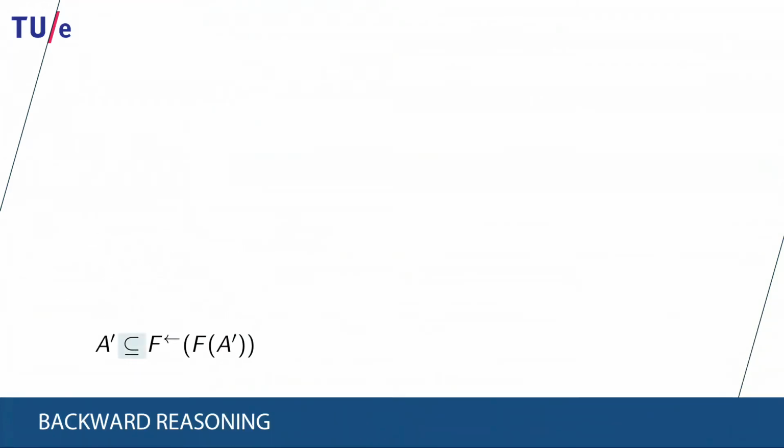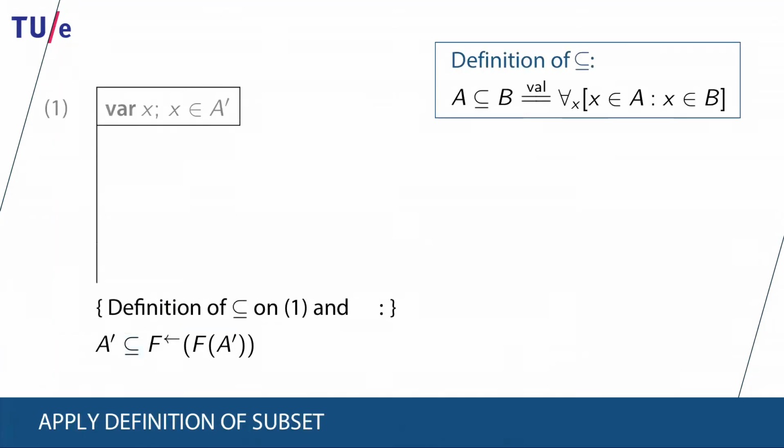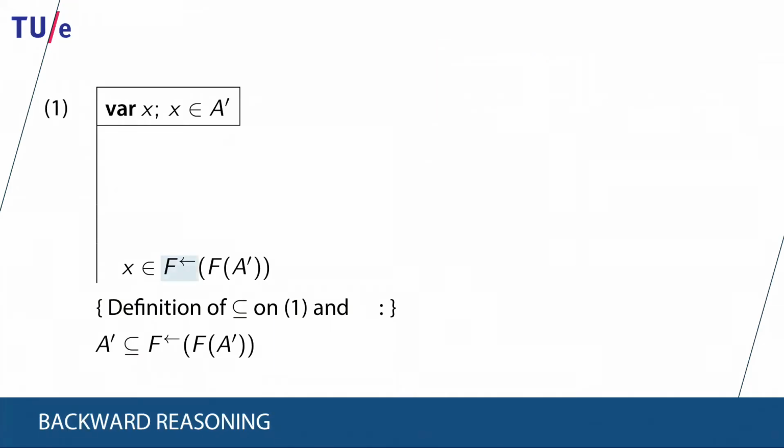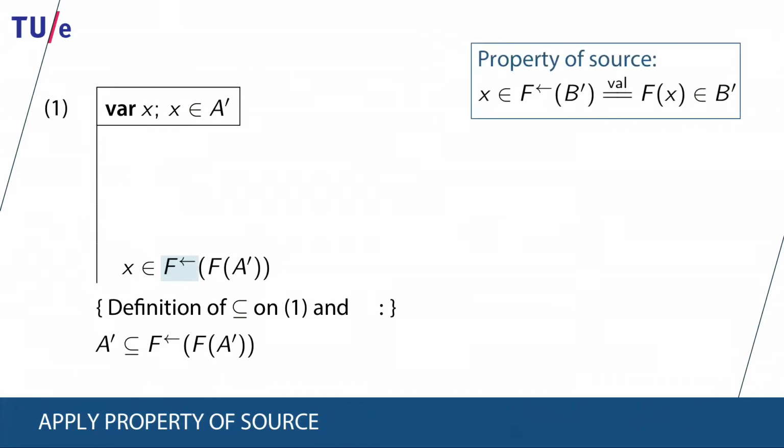Let's prove the statement, starting as usual with constructing a derivation for it, thereafter transforming it into a proof. The main symbol is the subset symbol. So we start the derivation with an application of the definition of subset. Our goal then becomes to establish that X is in the source of some subset of the codomain of F. A good opportunity to apply the property of source.